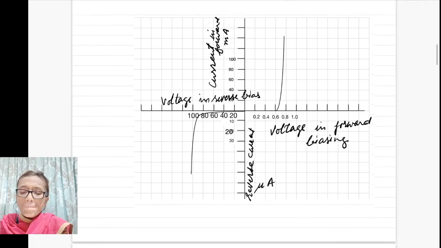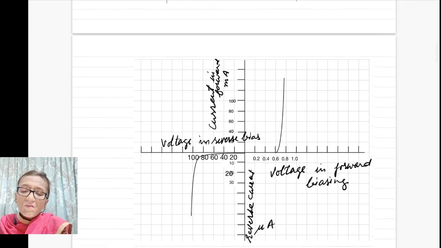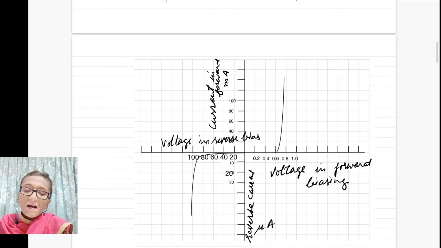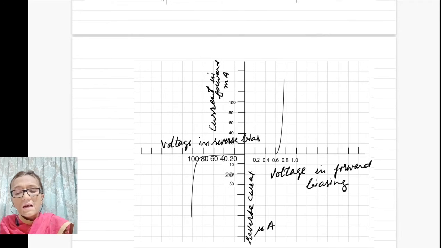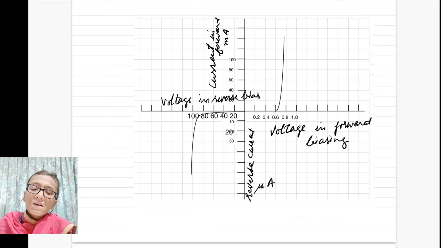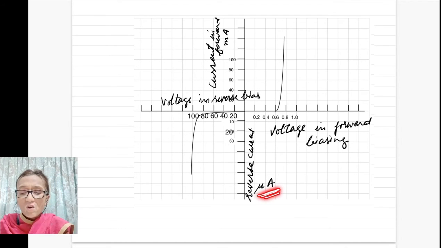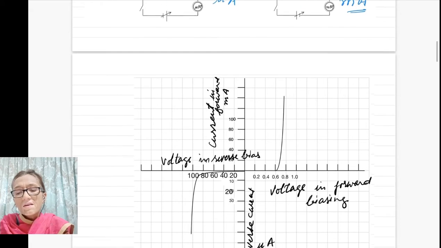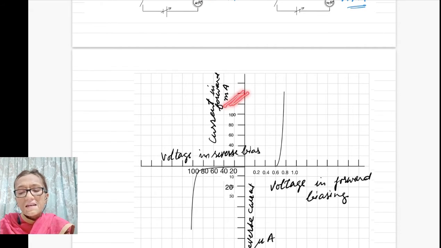Here we have the diagram of current in forward biasing versus voltage, and current in reverse biasing versus voltage, which is drawn in the third quadrant. Here you can see the current is of the order of microampere, and in forward biasing it is of the order of milliampere.